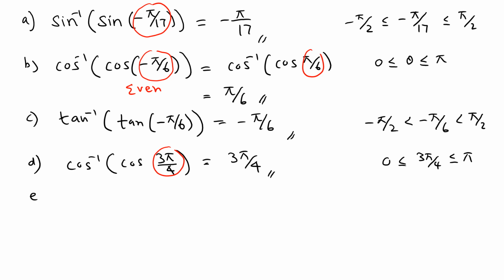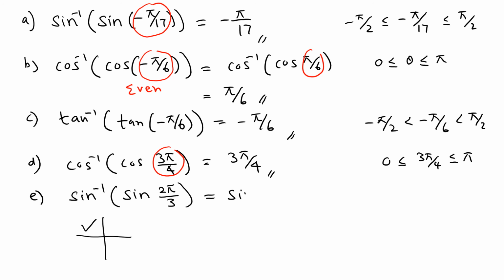So let's look at the next one. We have sine inverse sine of 2 pi over 3. 2 pi over 3 is in the second quadrant, and you can see the cancellation property does not work because it is outside of the range. So what we normally do is use the reference angle method and find the value first.